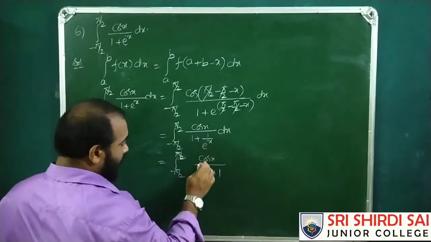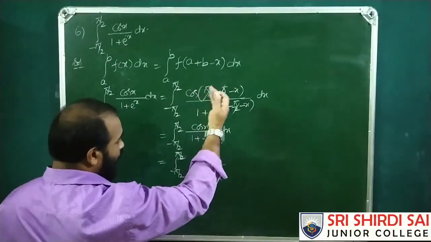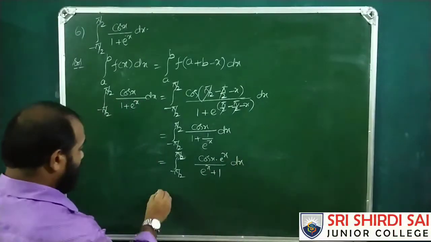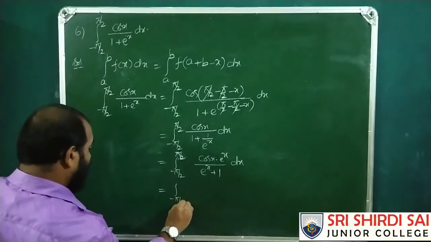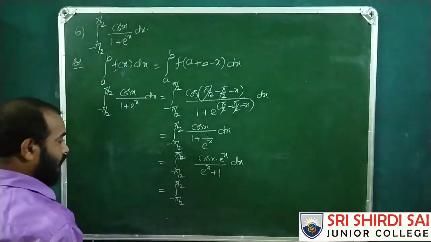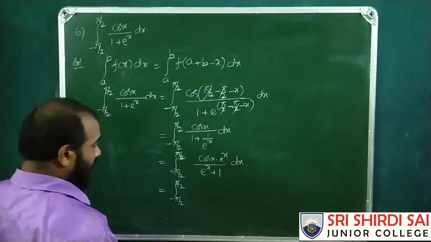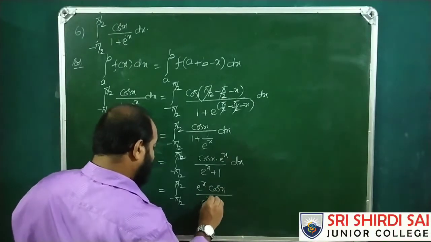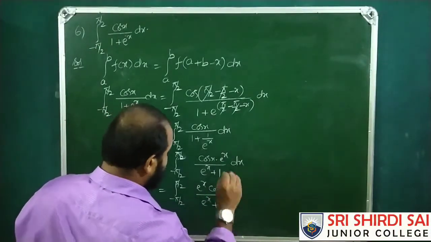So this e power x will go onto the numerator into e power x dx. So minus pi by 2 to pi by 2, e power x cos x by (e power x plus 1) dx.